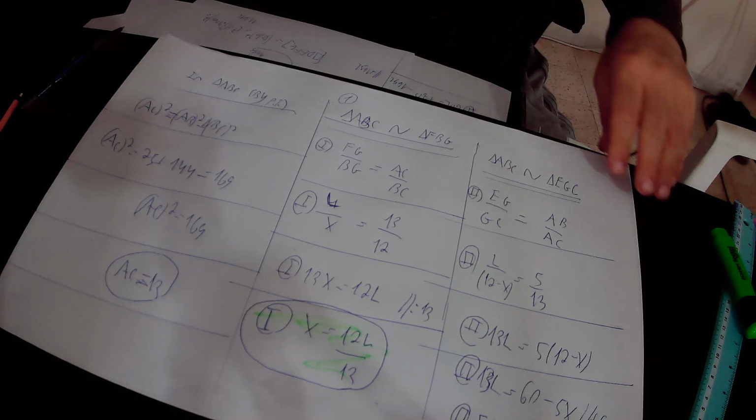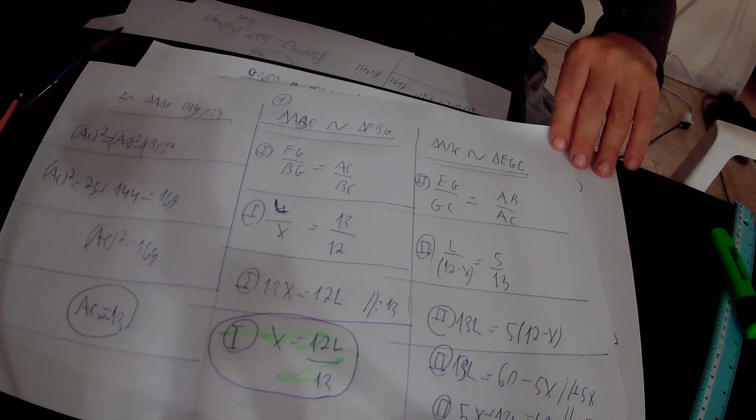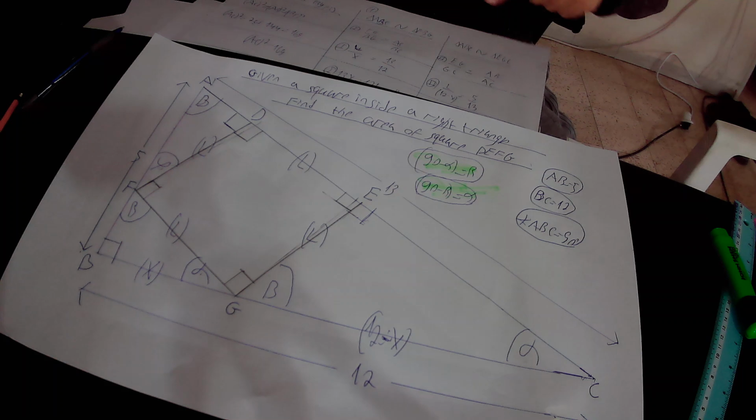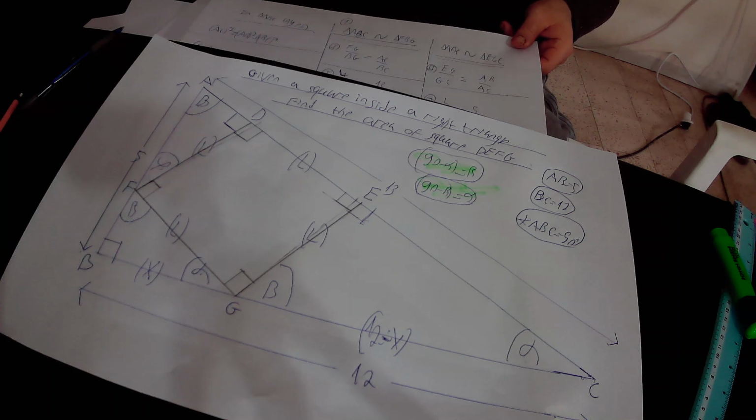And for the fact that the small right triangle FBG is similar to the big right triangle ABC, we derive that the following relationship exists between their sides.